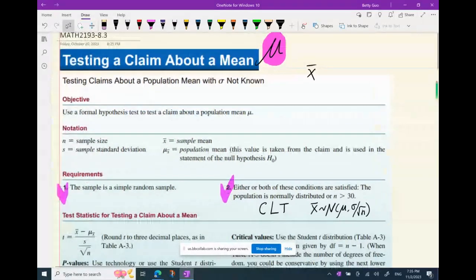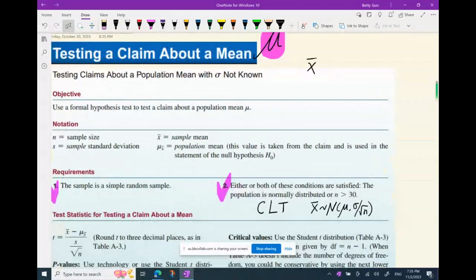Our goal here is to test a claim about the population mean mu. That means we don't know the value of population mean mu, right? So when we do not know the value of the population mean, it's very reasonable to assume we do not know the population standard deviation as well.